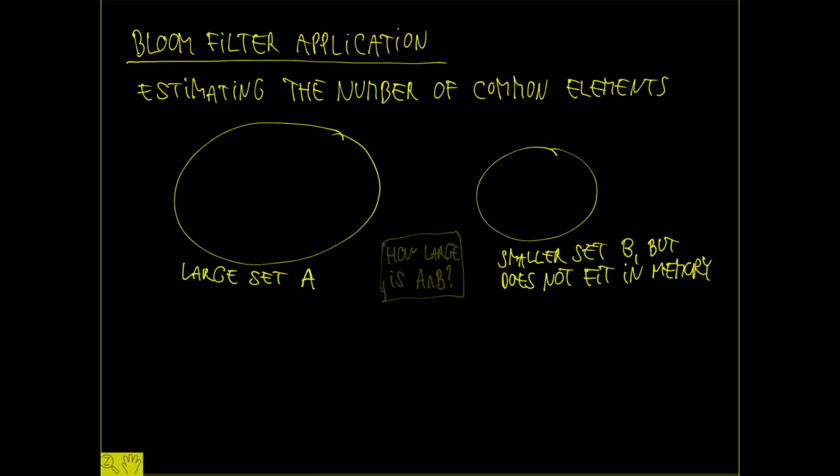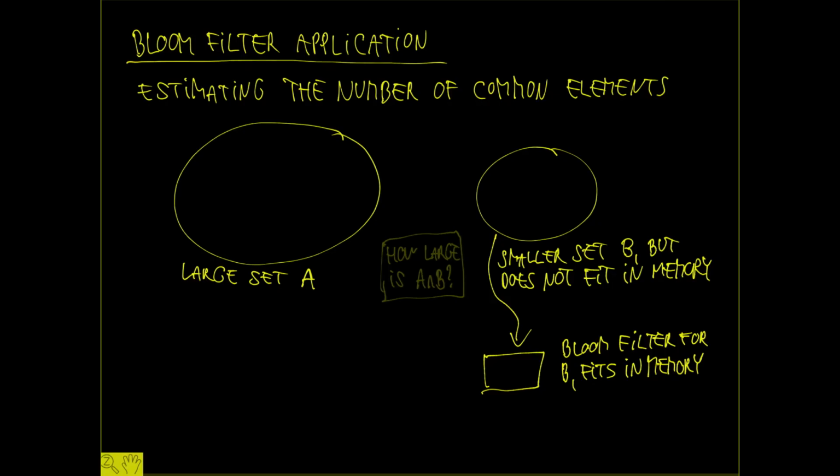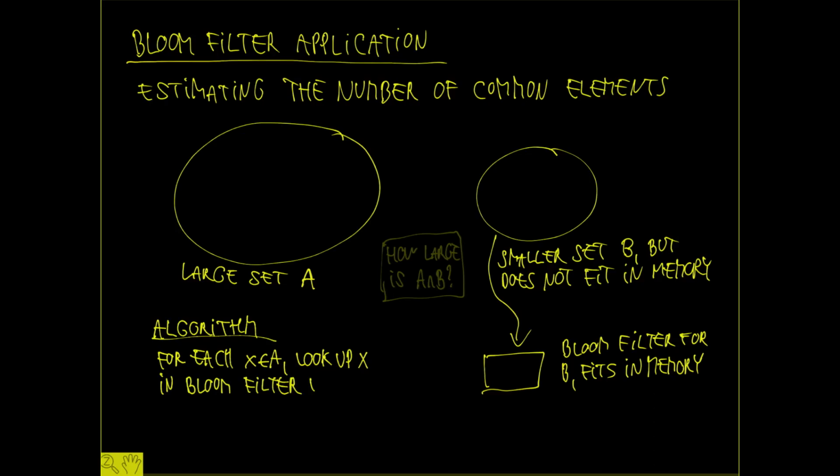It may be that both sets don't fit in the memory of your computer, but you can fit the smaller one into memory if you create its Bloom filter. So the Bloom filter itself fits in memory. Now what we can do is scan over A, which is presumably stored on some kind of storage device, and for each element in A, you look it up in the Bloom filter for B. And you get some number of positive answers.